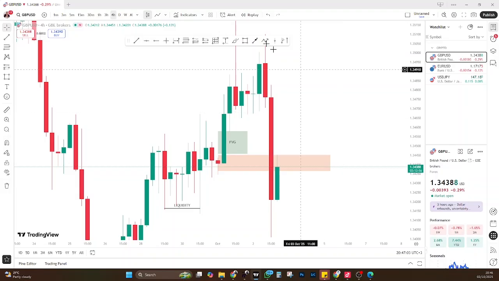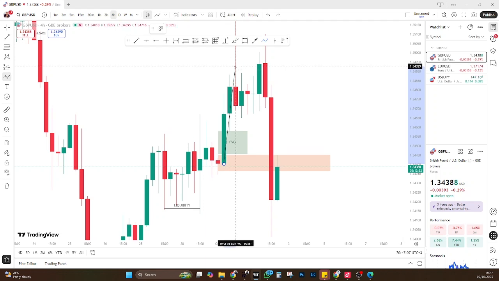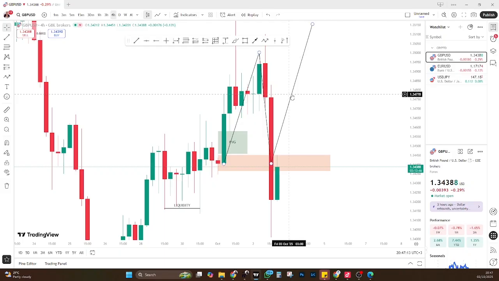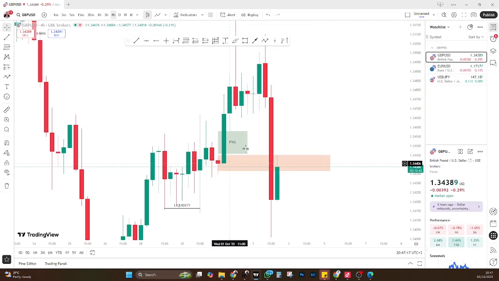So, we expected something. We expected, because this is an order block, when the market moves up, once it comes down, we expected the market to continue buying. But what happened? When the market got here, it broke structure there.